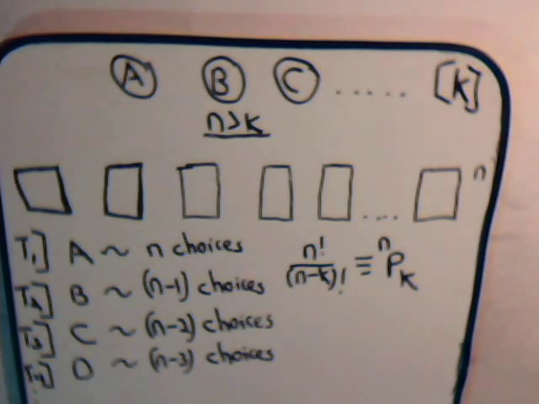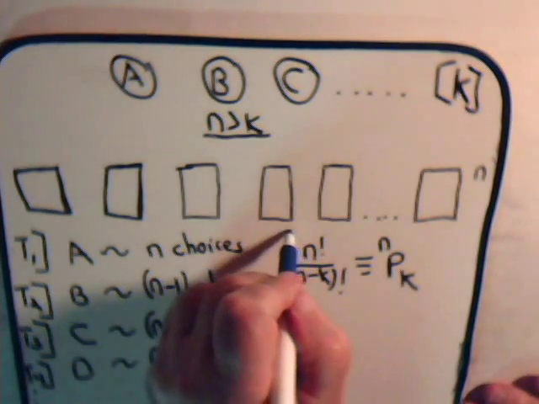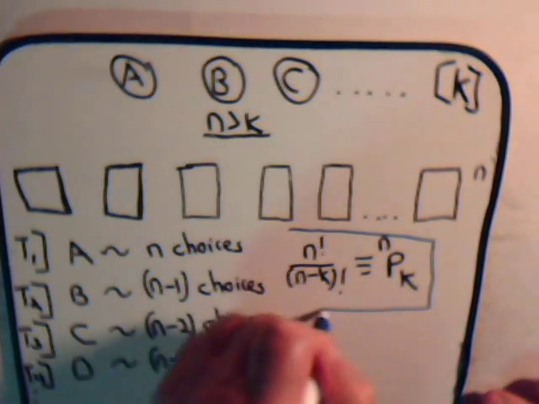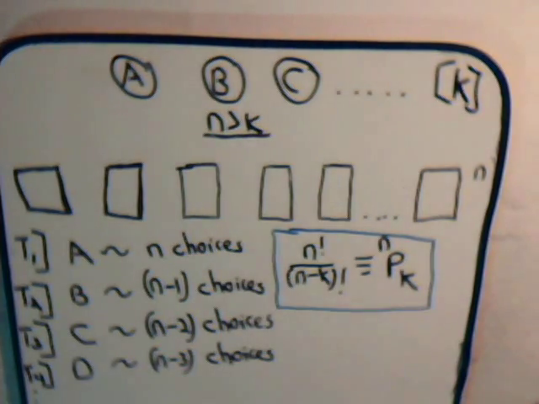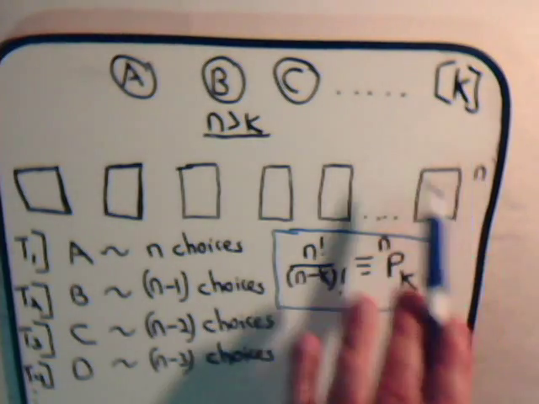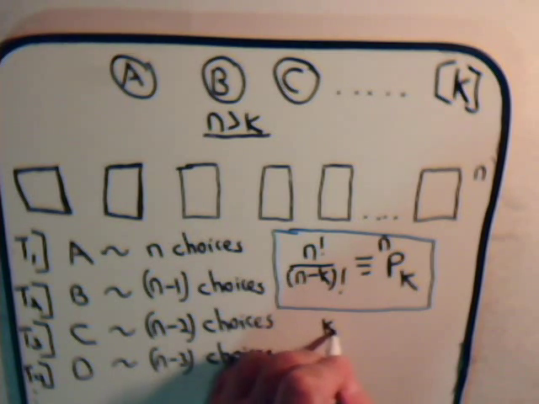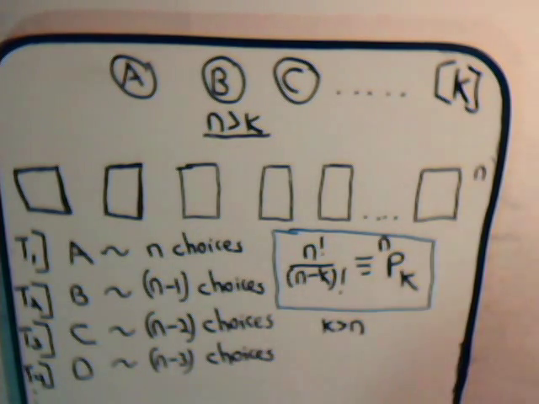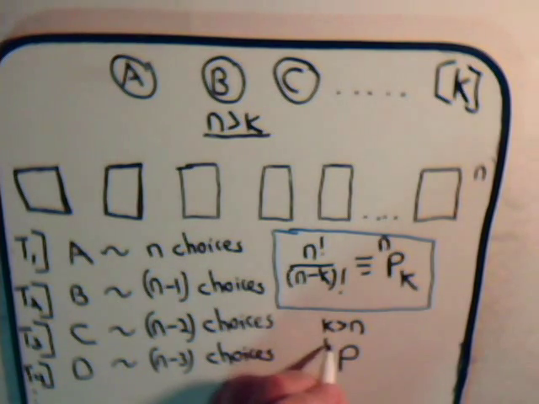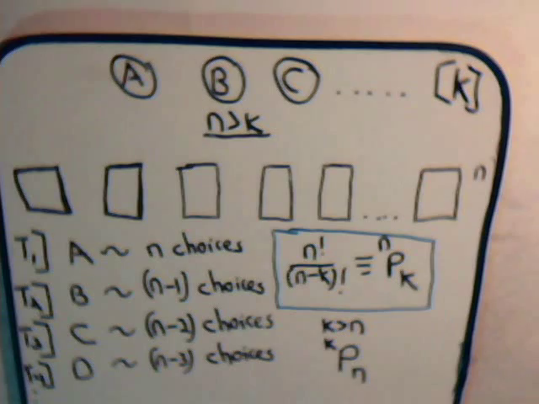So this tells us the total number of ways that we can place k objects into n boxes, one object per box, and there are more boxes than objects. Now, if we had the reverse situation, where there were more objects than boxes, then the total number of distributions would be like this, P k n.